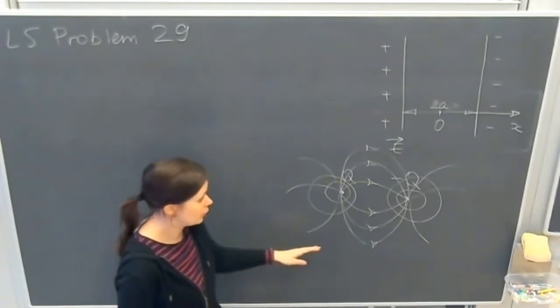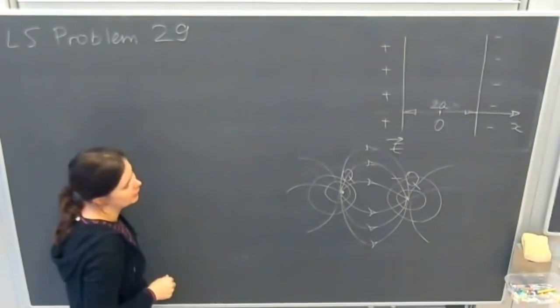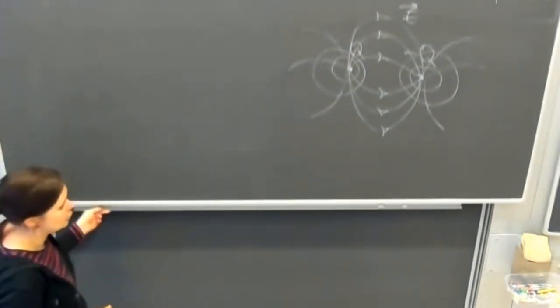So here is the illustration of the electric field of this charge distribution, and we can find the scalar potential.